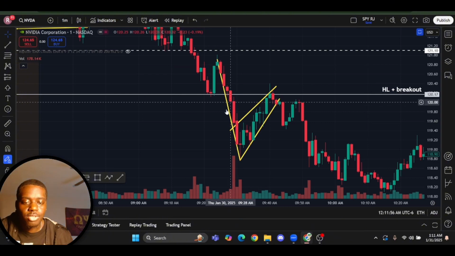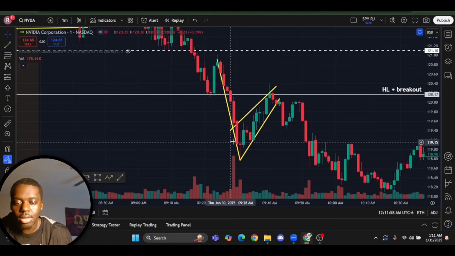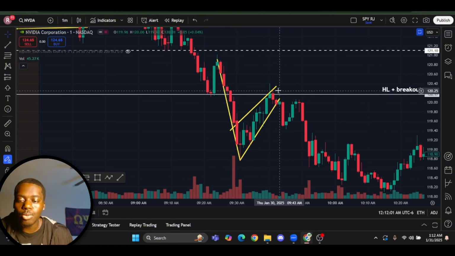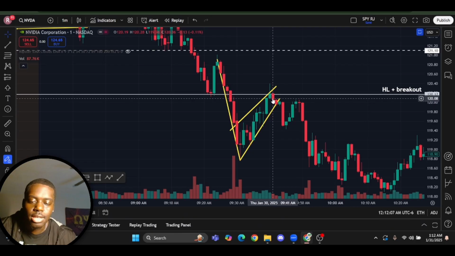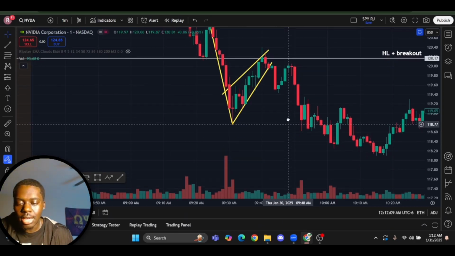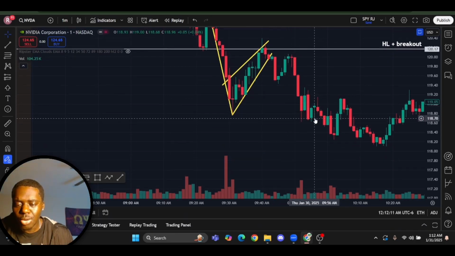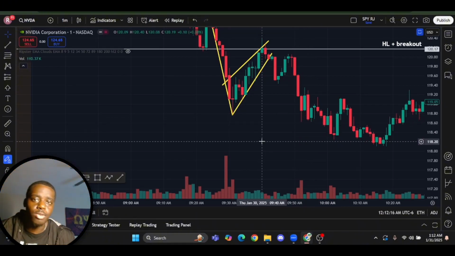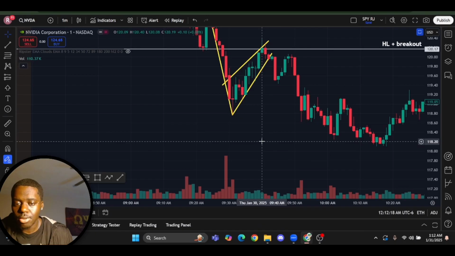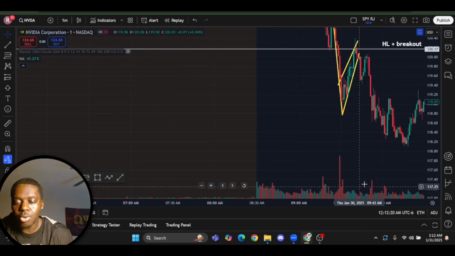So look at the confluence that we have going here. It's already bearish. We have a bear flag, and we are rejecting our key level. All right, so that gave me confidence to hold. I didn't add or anything. I just held the position, and I ended up selling out around here somewhere, right? So I ended up selling out around here and was able to make $248 from that. Okay, so that was a really good move on Nvidia.